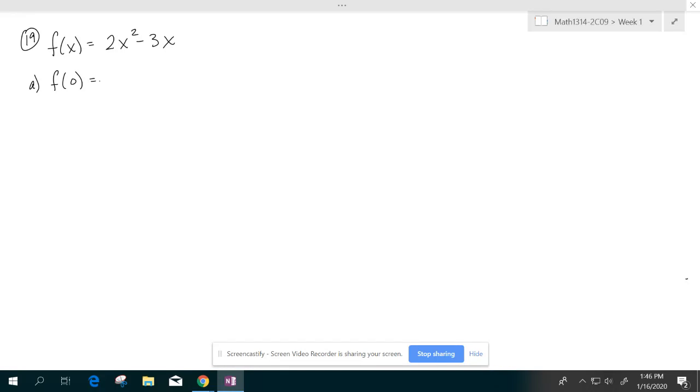This says f of 0. So every x needs to be replaced with 0, and then you need to work that out and give me the answer.